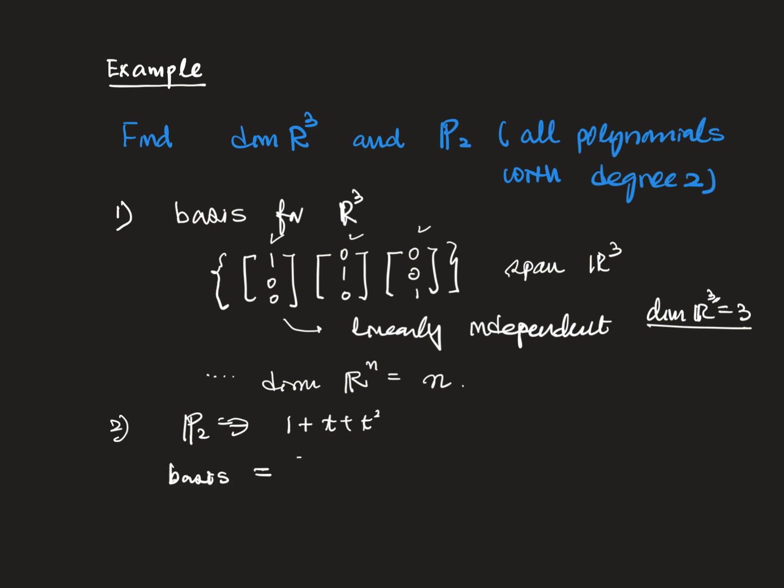Remember, it's 1, t, t squared. That's the base for polynomials with degree 2. So what is the dimension of P2? How many elements? 1, 2, 3. That's going to be 3. So whenever we're talking about dimension, guys, you have to think about what the base is for the vector space. That's the main concept over here.